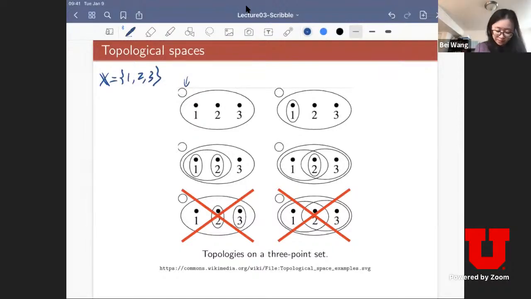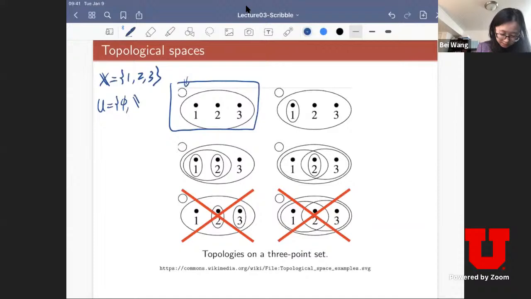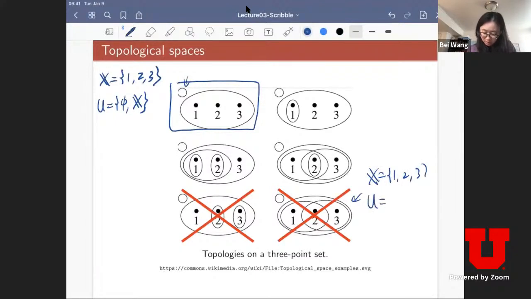And for example, the first picture here is saying that U contains the empty set, the set X, and that's it. Okay. And then the picture on the right-hand side, or maybe this one, is again, my X is 1, 2, and 3. And my U is the empty set, the set itself, the set containing 1, 2, and then the set containing 2, 3.